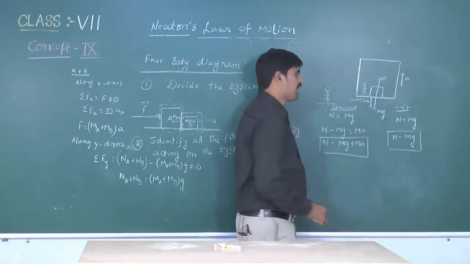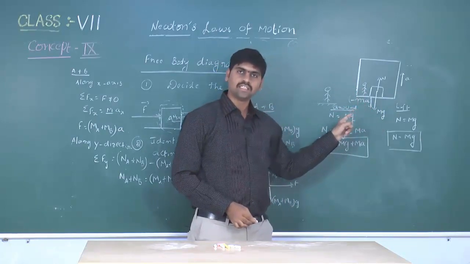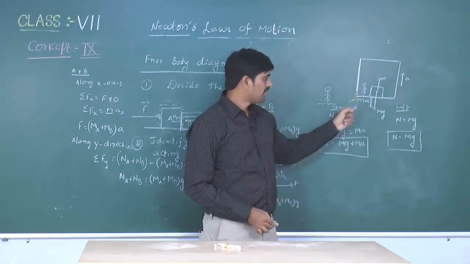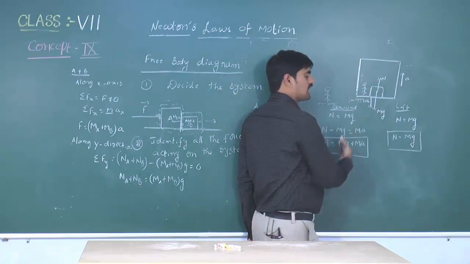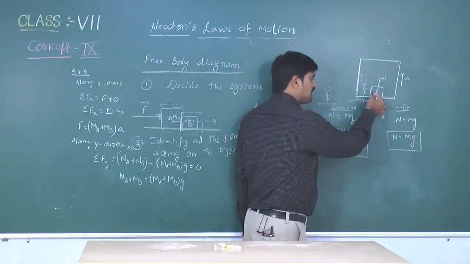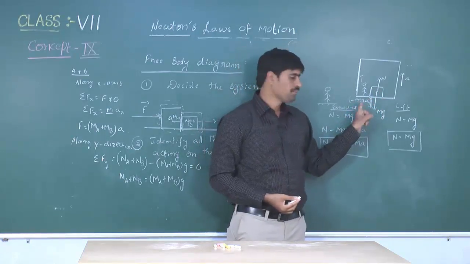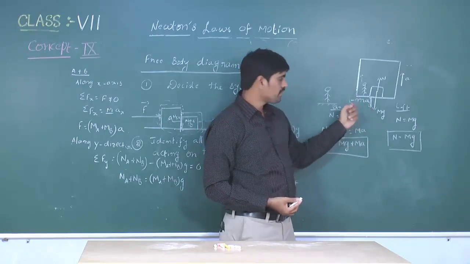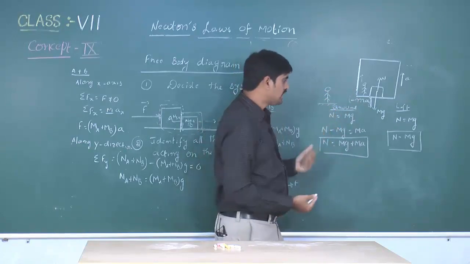Here m is the mass of the block, and a is the acceleration of the lift. Minus ma is opposite to the direction of the observer's motion. What is m? Mass of the body. What is a? Acceleration of the observer. That is minus ma. If you take it, you get the same answer.